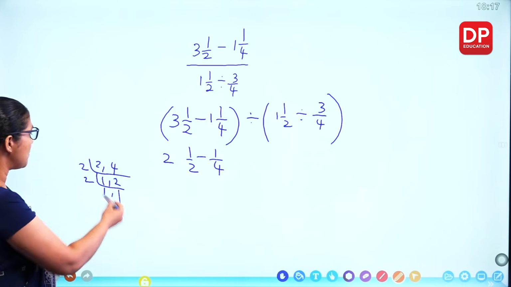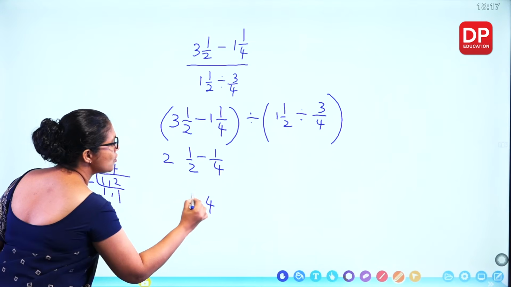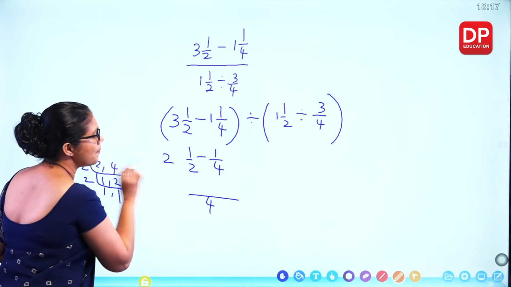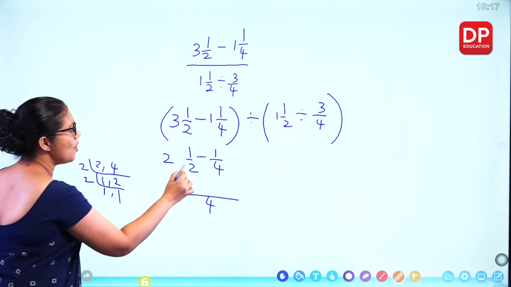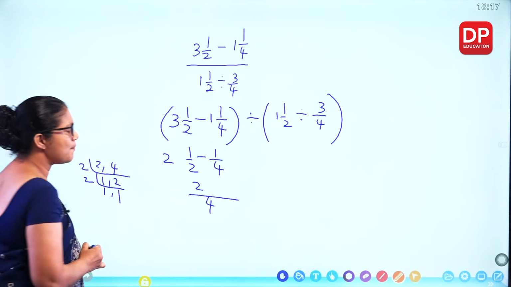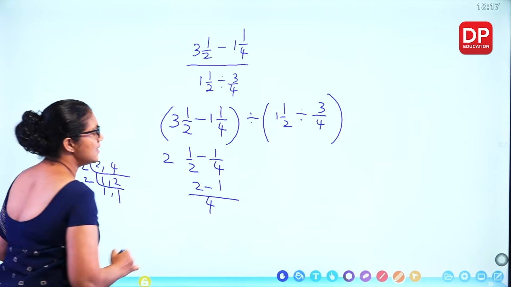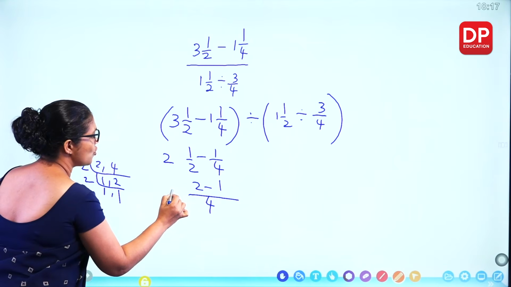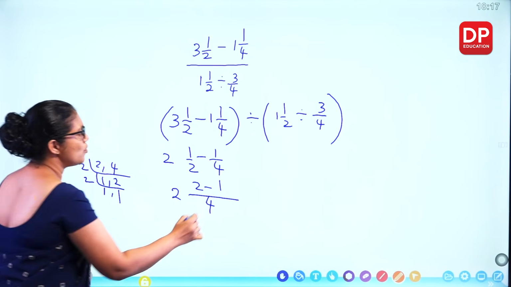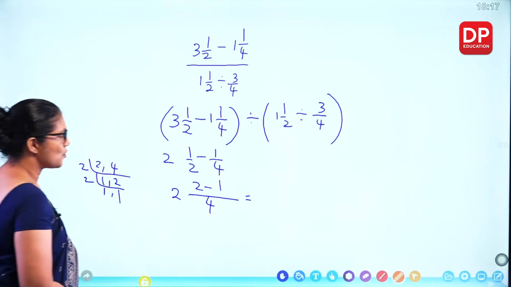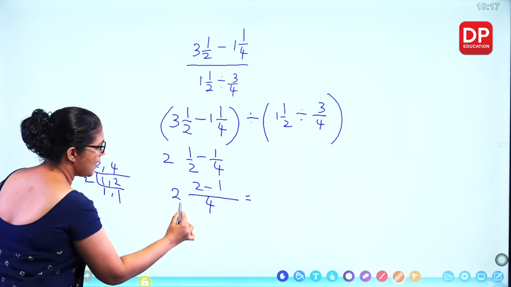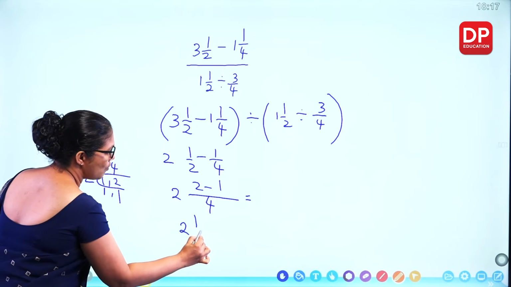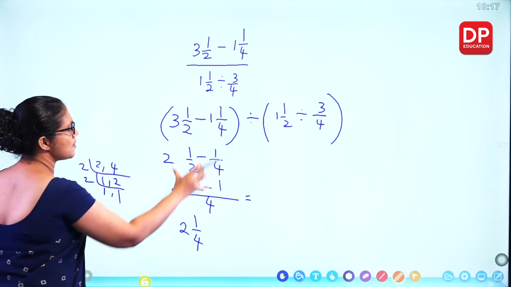The lowest common multiple is 4. Convert to 4 here. 2, how do you get 4? Multiply by 2. You do the same thing in the numerator and you subtract 1. So 2 and 2 minus 1 over 4. So what's the answer there? Here we can write 2 and 1 over 4. So that's the first part.